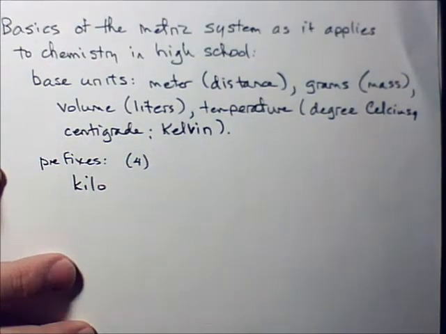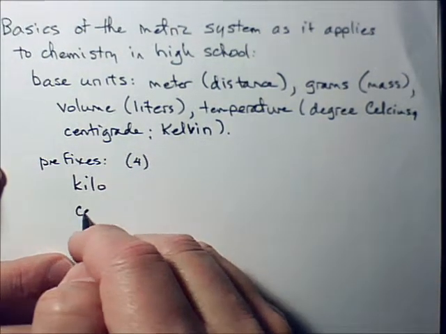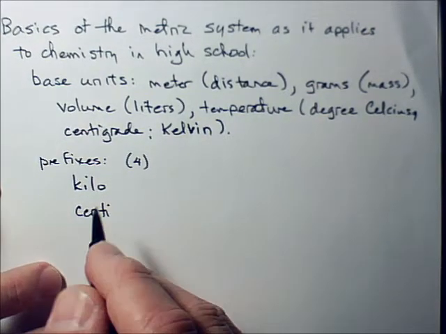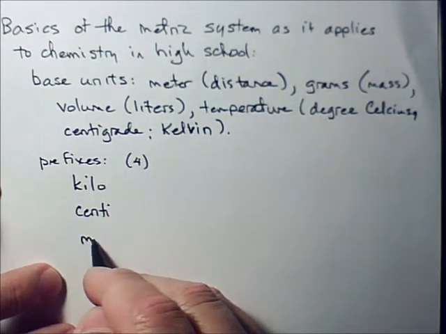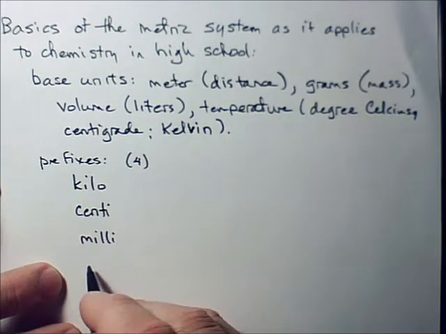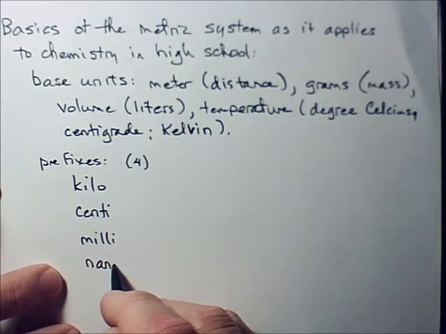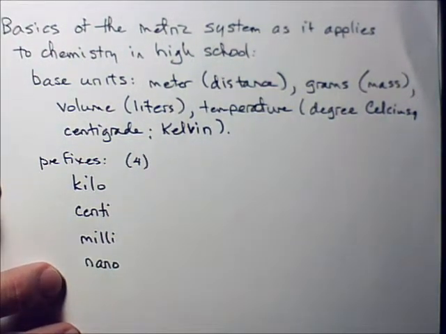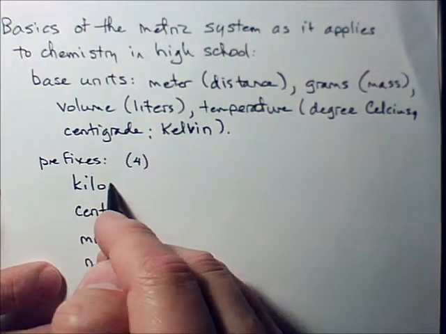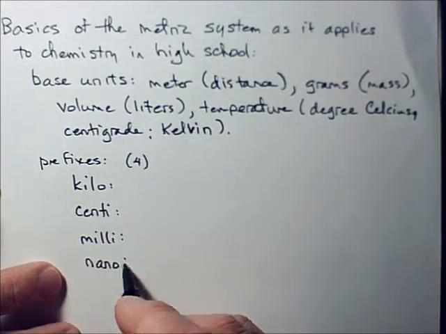Kilo, centi, milli, and nano. I may occasionally refer to some others, but those are the only ones I really need you to really understand how to use. Okay? So let's look at these 4 prefixes.